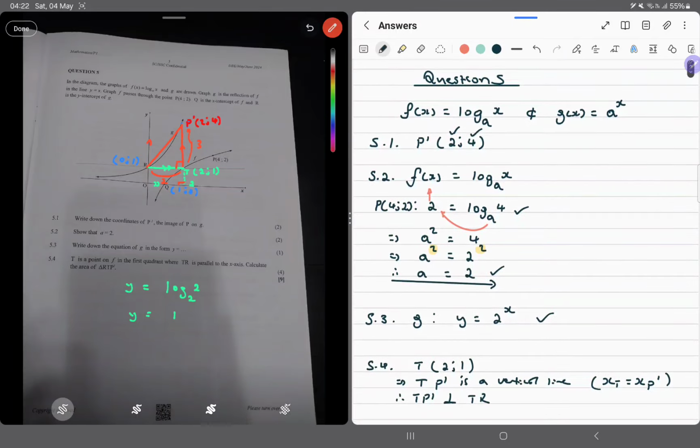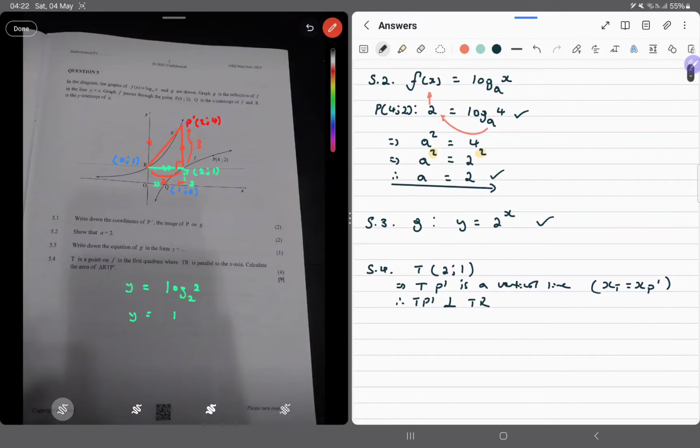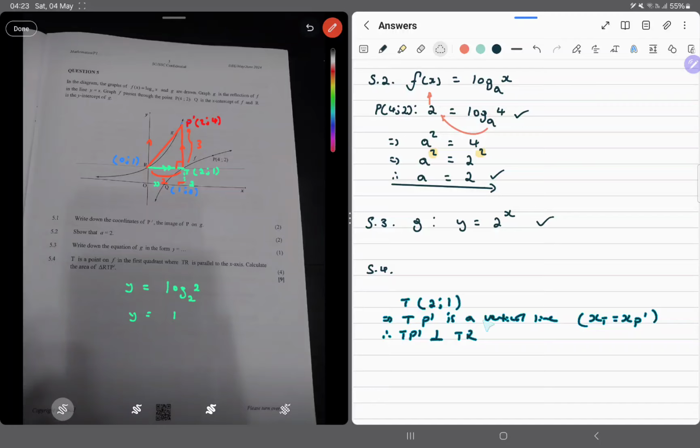Was there any place where we were asked the coordinates of R? We can say also R is, perhaps we were supposed to start with point R. I'm going to give you a proper way of answering, guys. So we could easily say that point R here has the coordinates 0 and 1.